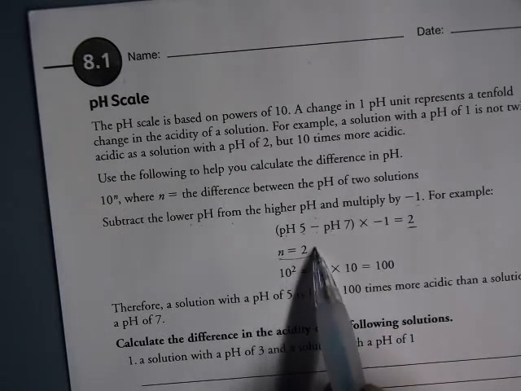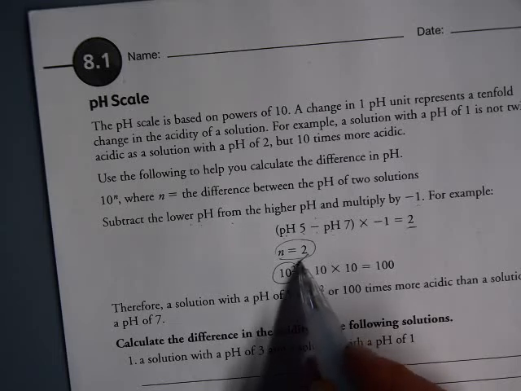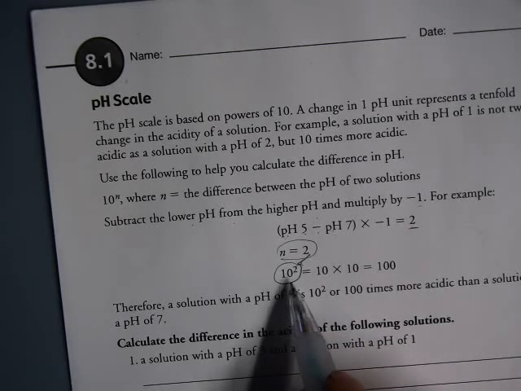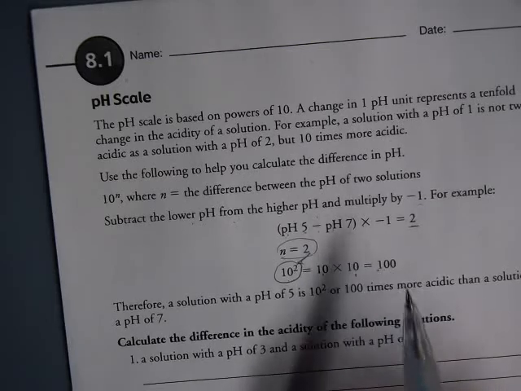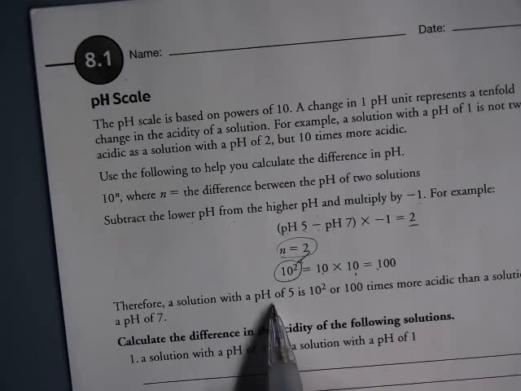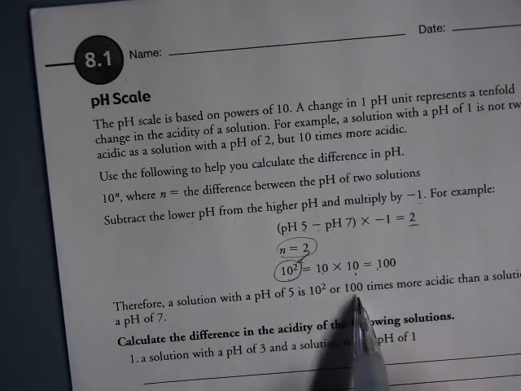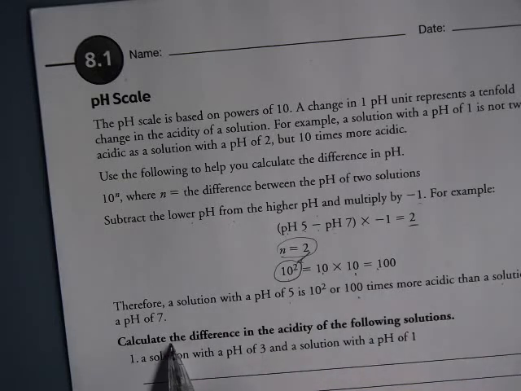So N becomes 2 in 10 to the N. 10 squared is the same as 10 times 10, which is equal to 100. So therefore, a solution of pH 5 is 100 times more acidic than a solution with pH 7.